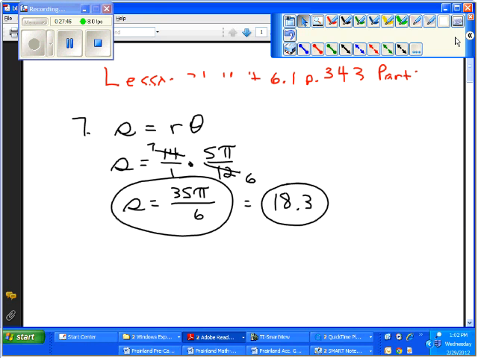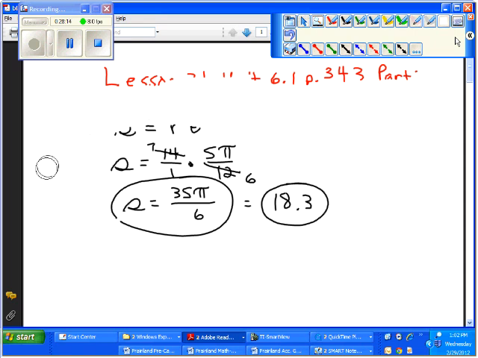So if I don't let you use the calculator on a test, you're obviously going to leave it in terms of pi, 35 pi over 6. You still can do this test without a calculator. Any questions on that? If you don't have a calculator, we won't be rounding to the nearest tenth. We will be writing them in terms of pi. Any questions on number 7?